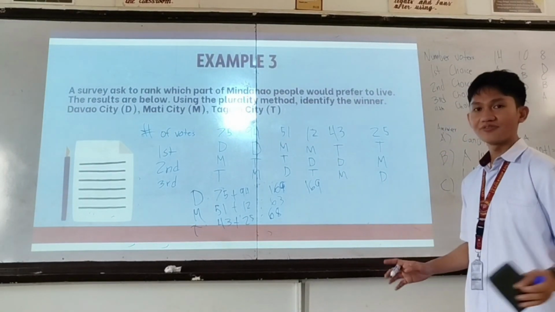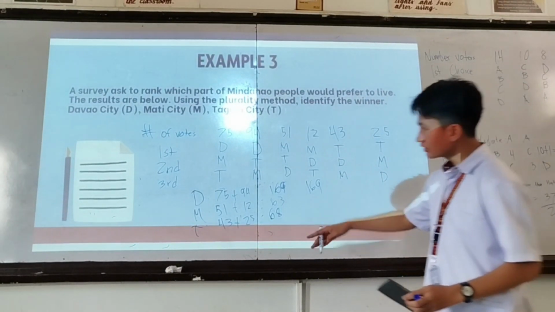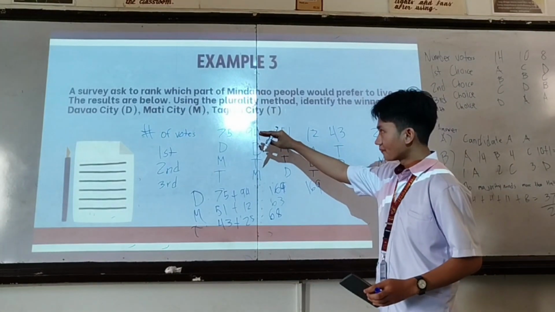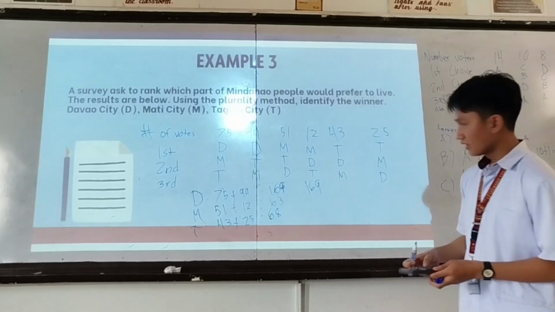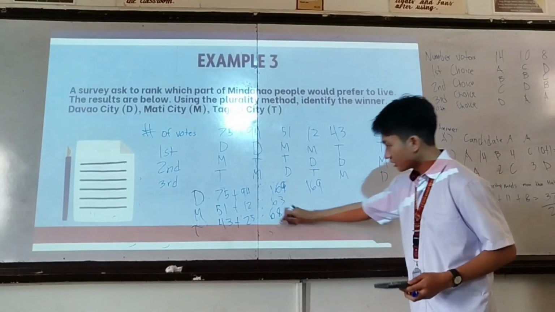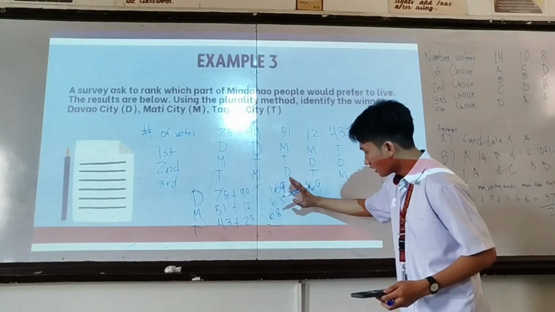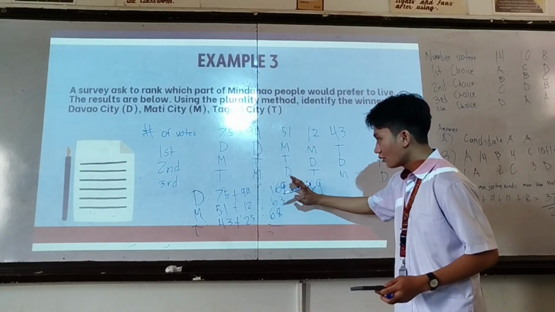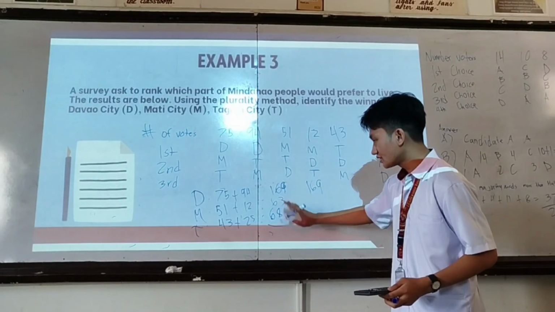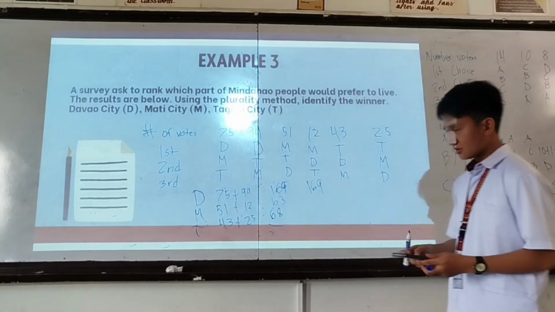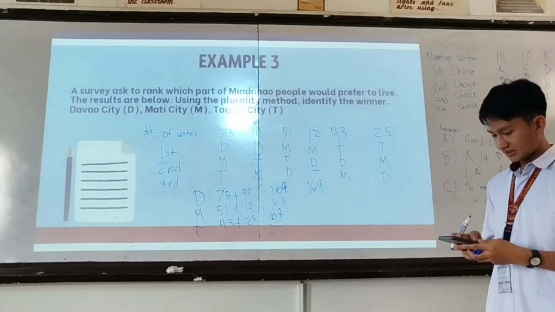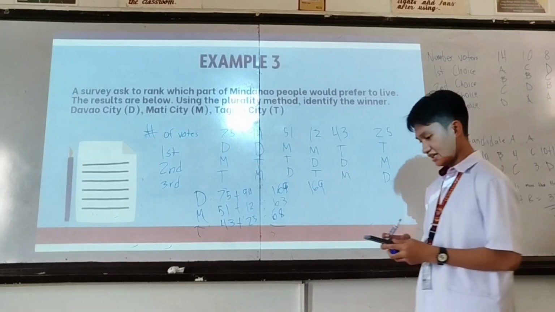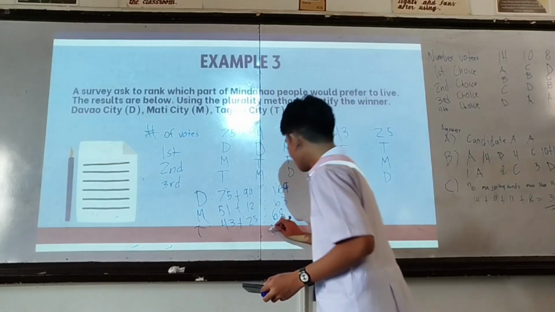So, does it have the majority of all these tally votes from people? Now, to determine this, we must have the total votes of the three cities, which is 169 plus 63 plus 68, which is 300.